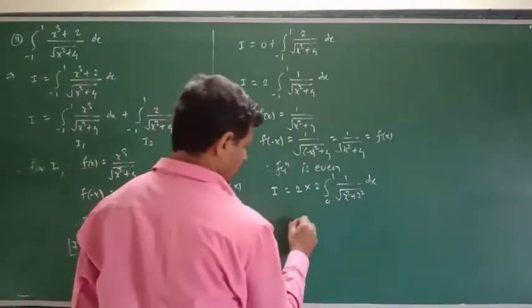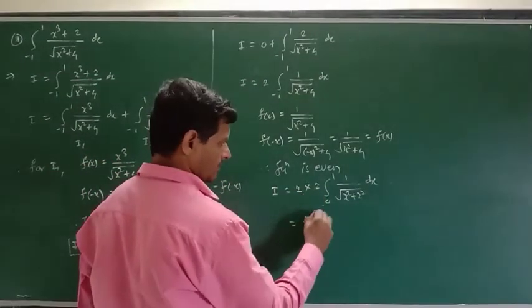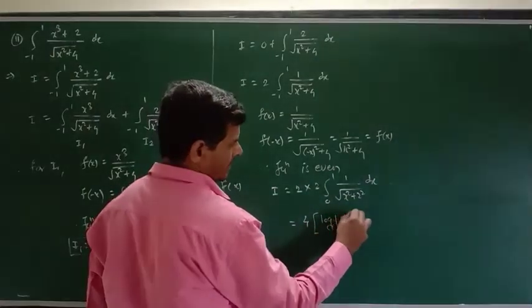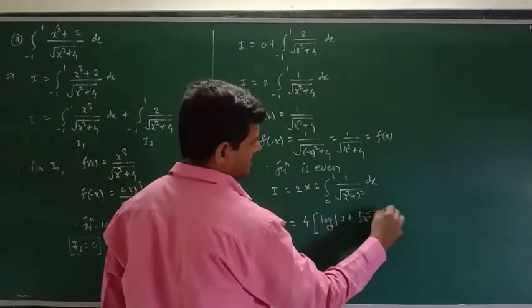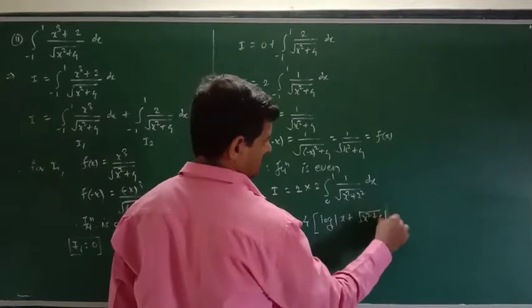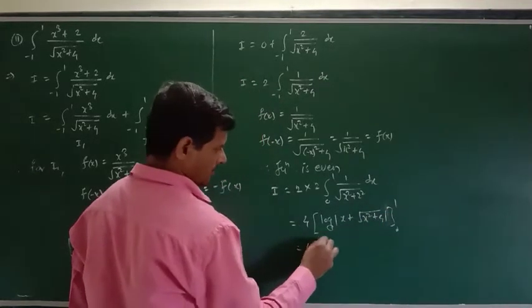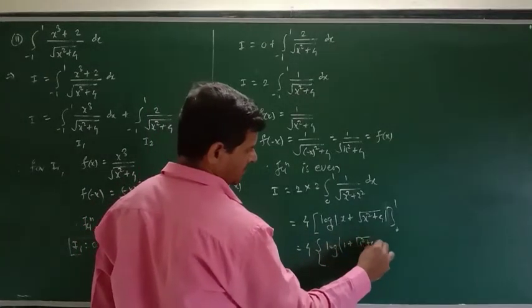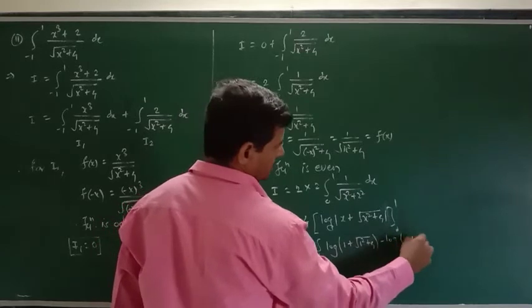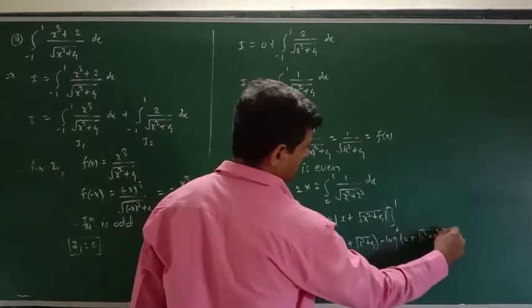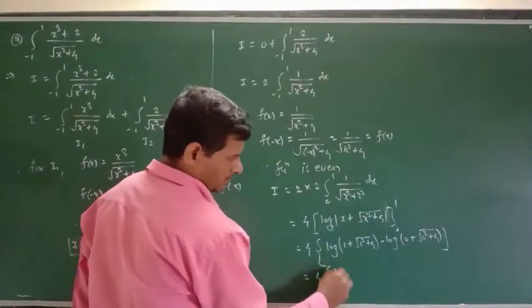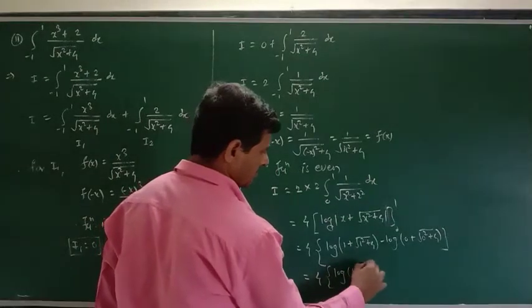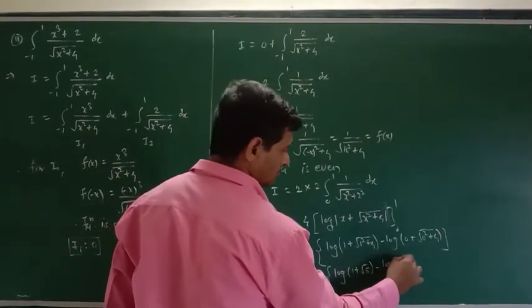Okay, now see, the value 4, and this is in the standard form of integral, so its value is log of modulus x plus square root of x square plus a square, from 0 to 1. So the upper limit is log of 1 plus root of 1 square plus 4 minus log of 0 plus root of 0 square plus 4. So 4 into log of 1 plus root 5 minus log 2.